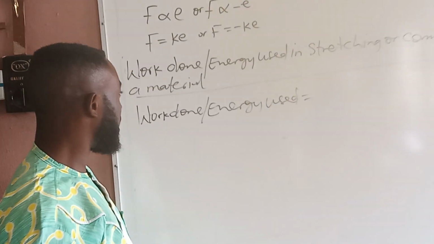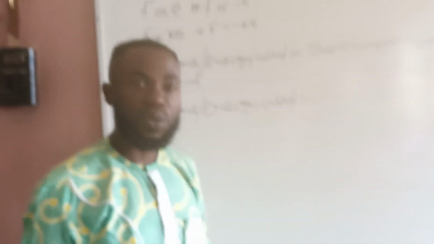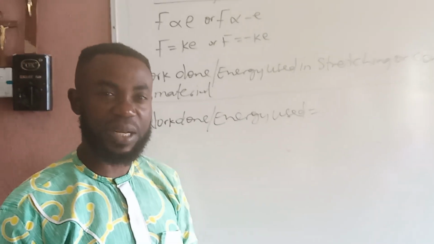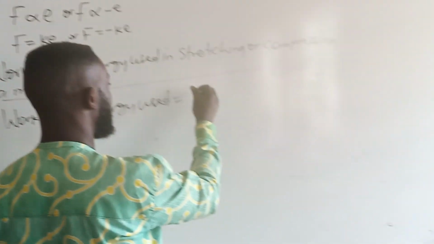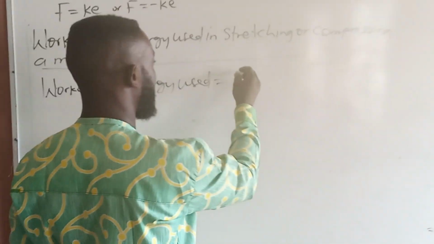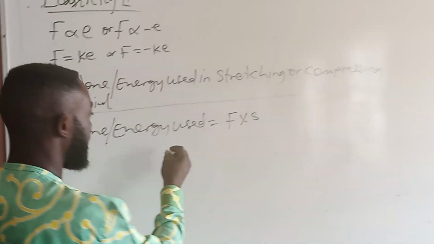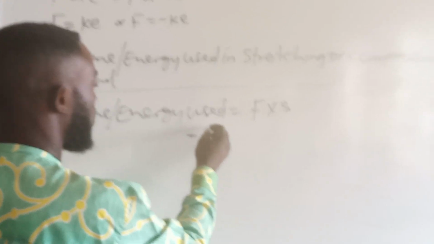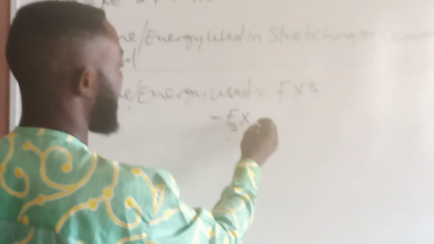So, the work done in stretching it, or energy it possesses, depends on the force of drag of the rubber and the extension produced. Of course, we know that work is force times distance. And then the average force multiplied by the distance.